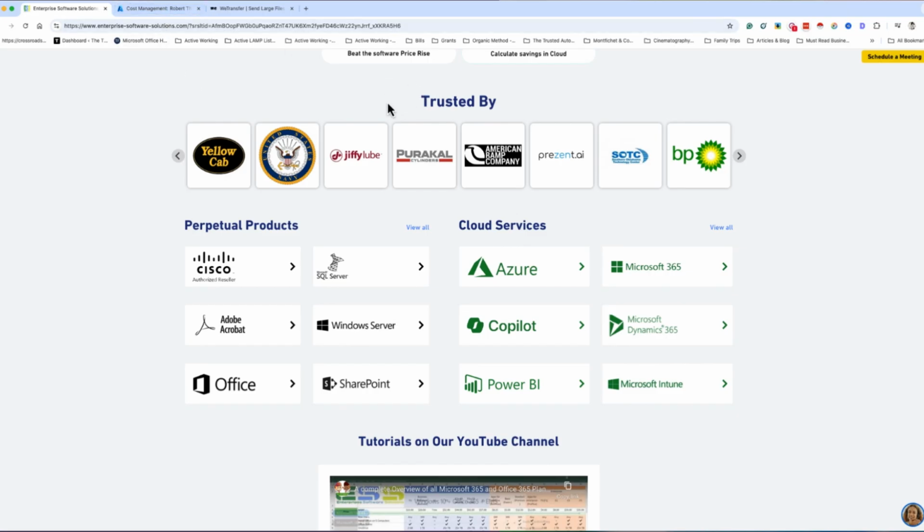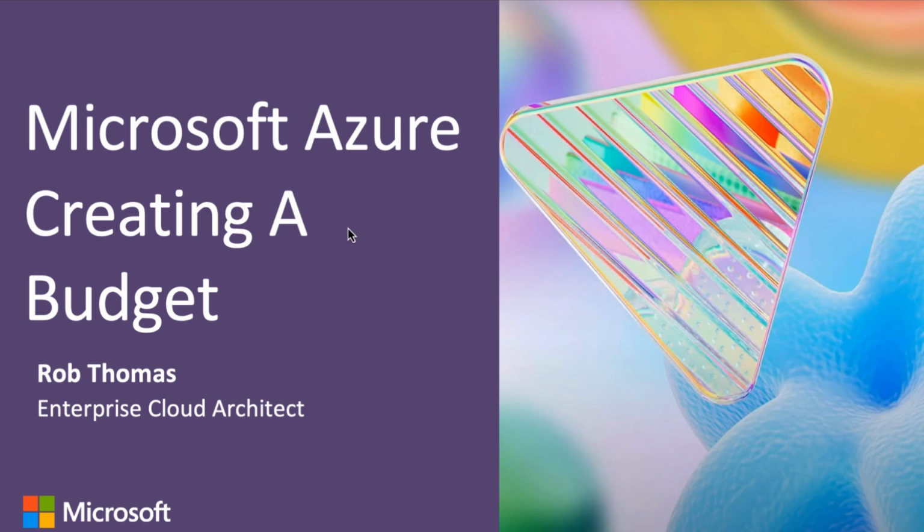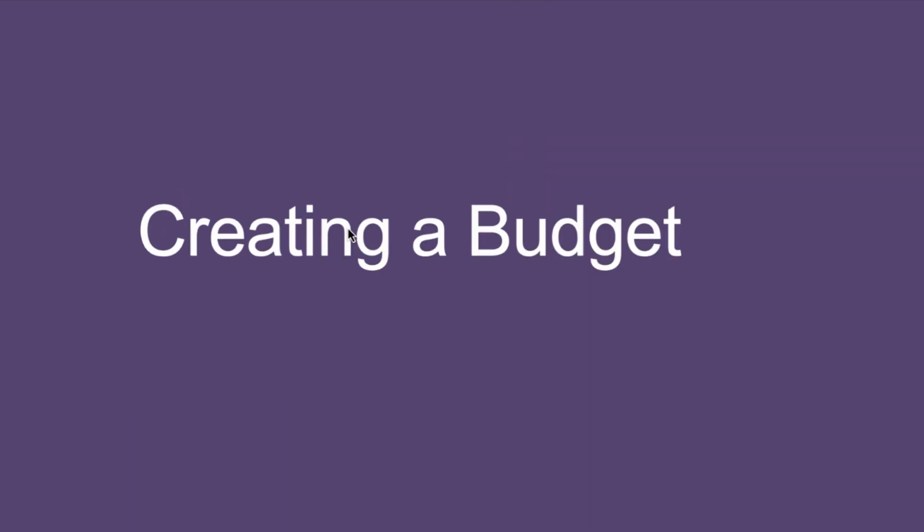All right, so let's get back to creating a budget in Microsoft Azure. And budgets are really, really important, right? Especially since we did a previous video where I showed you how to create your free account for 30 days, and then you move from the 30-day free account into an account that's going to be pay-as-you-go.